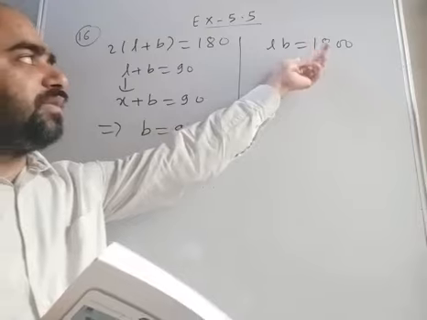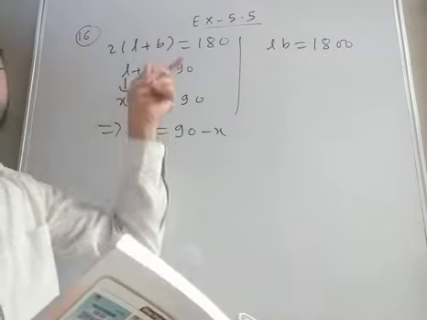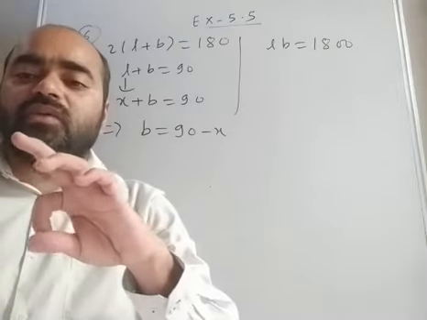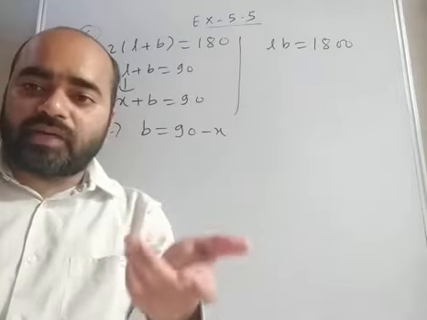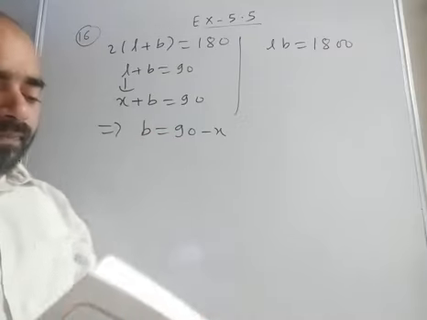Now, if the length is x, what is breadth? 90 minus x. We can find the breadth from the other equation also, 1800 upon L. But in the question it is mentioned to find the breadth from the perimeter. It means we have to use the first equation.